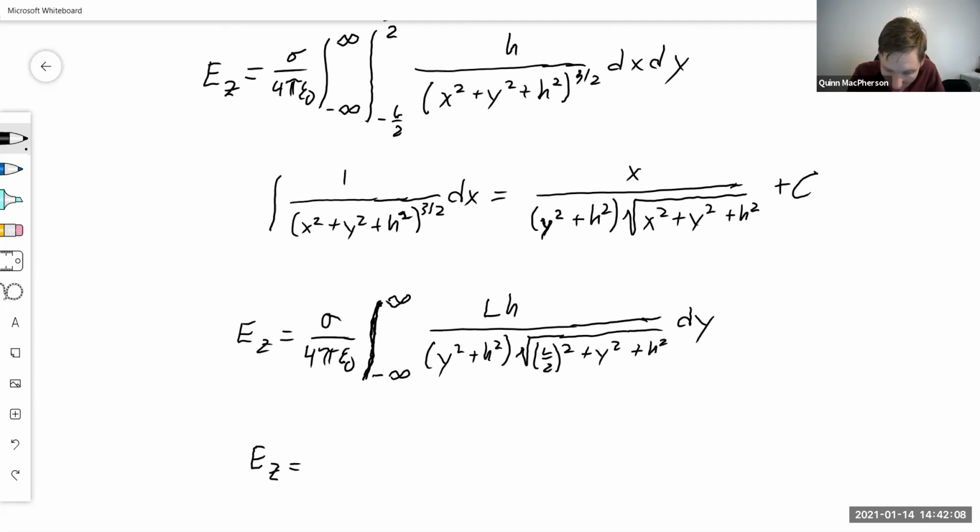Ez is equal to sigma. You pull out your L and your H, so LH, they're constants, over 4 pi epsilon naught.